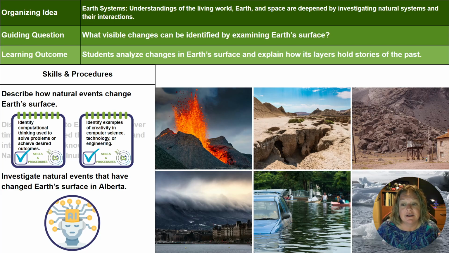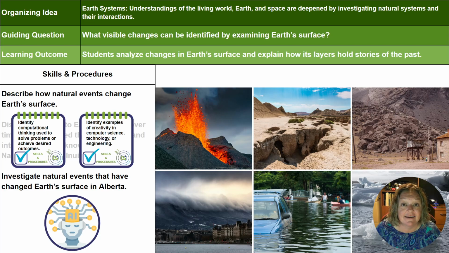So we can look at engineering designs that have been developed as a consequence of some natural event. We can look at how we design our world to make up for natural events, or to account for natural events, or to anticipate natural events coming, and look at how designs have changed over the years as we learn things about the changing Earth's surface.